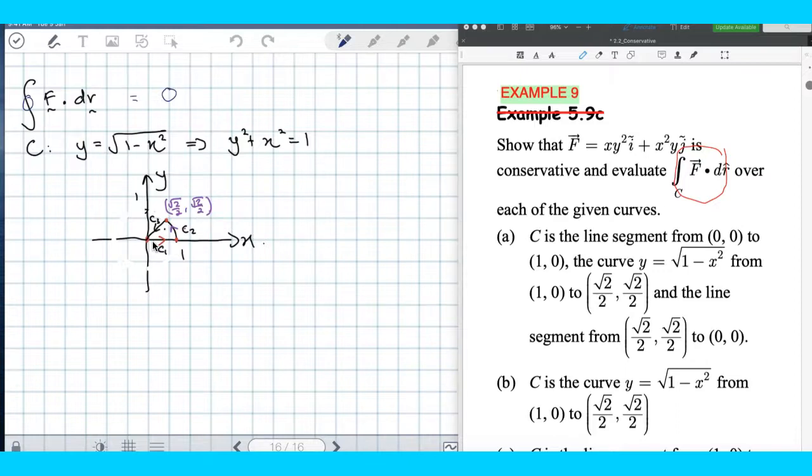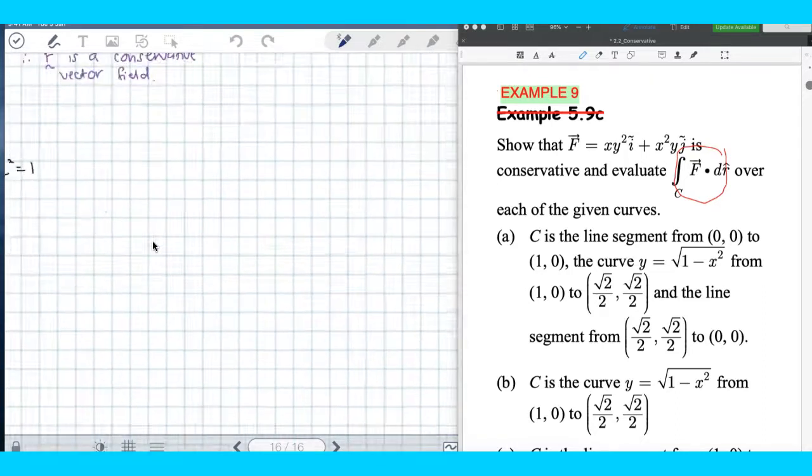Okay, closed loop property. Remember, I just jot down that if you manage to obtain that f is a conservative vector field, you have to apply the fundamental theorem of calculus. Number 2, you have the path independence, and then the third one, closed loop property.